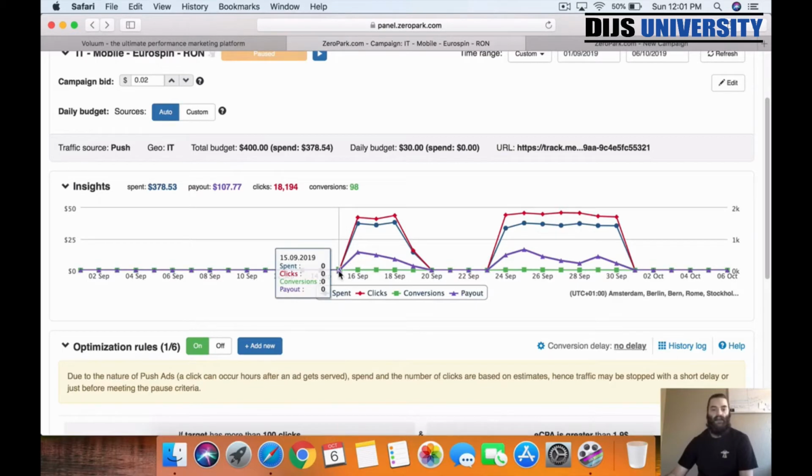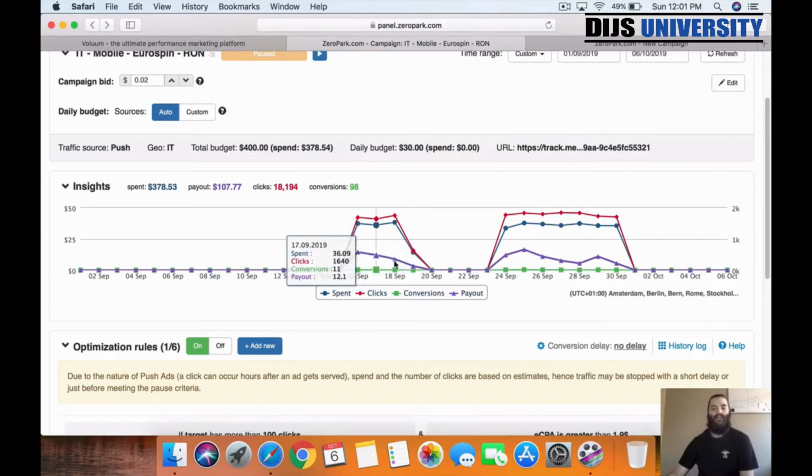It looks like on the 15th is when they started this offer or added it into the system. They tried it out for 3 days, and no delayed clicks came through, so that was good. The first 3 days didn't do too hot.